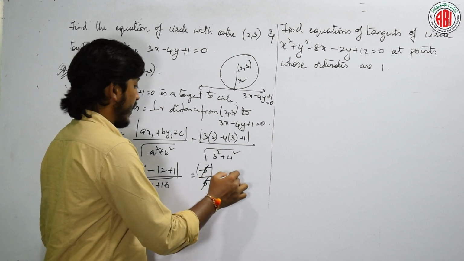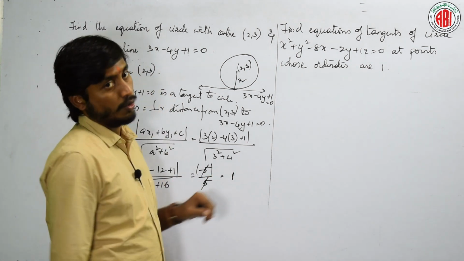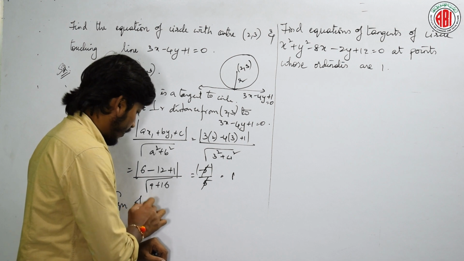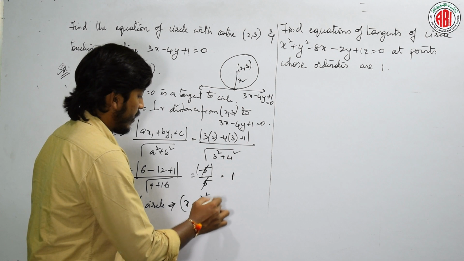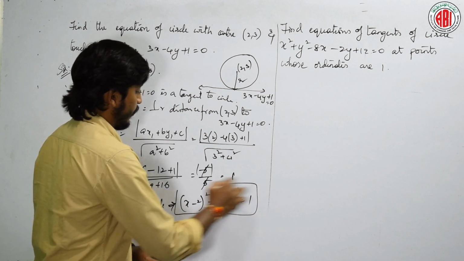Therefore, the radius is 1. Radius is 1 and the center is (2, 3). Then the equation of the circle is (x minus 2) whole square plus (y minus 3) whole square equals 1 square.